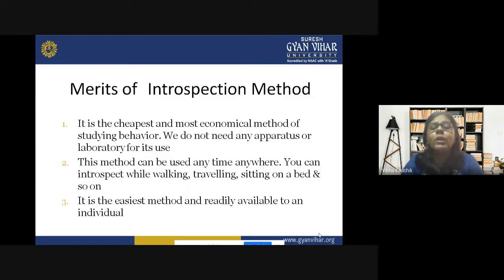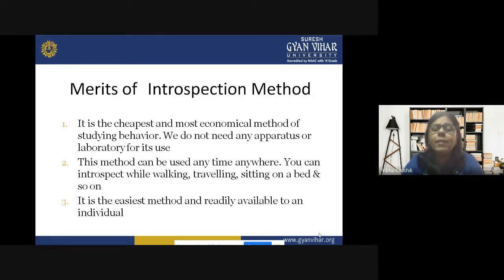Why do we call it an economical and cheap method? Because we do not need any apparatus or laboratory when we use the introspection method. This method can be used at any time, anywhere.